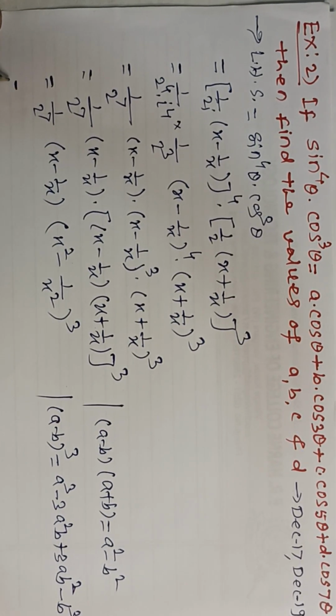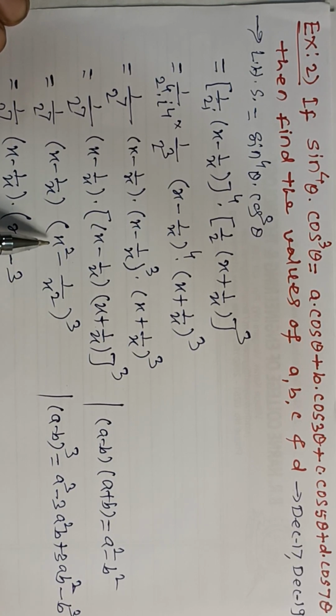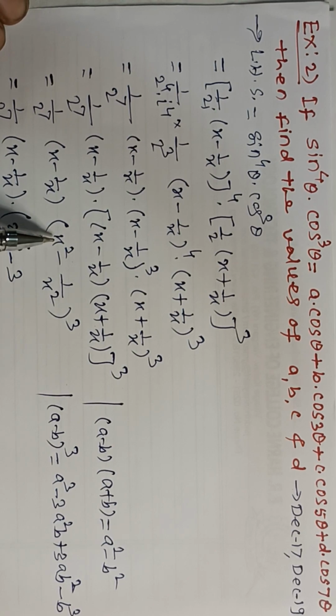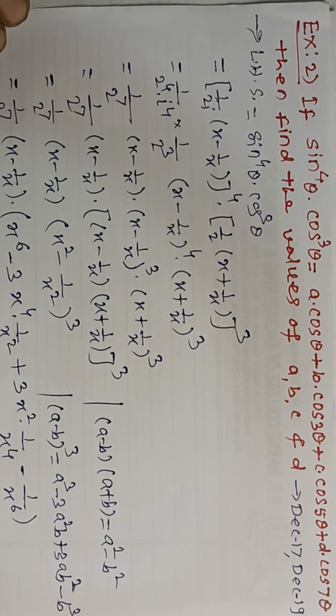So this is equal to 1 upon 2 to the power 7 (x minus 1 upon x) into x square cube, that is x to the power 6, minus 3 times x square squared, that is x to the power 4, into 1 upon x square, plus 3 times x square into 1 upon x to the power 4, then minus 1 upon x to the power 6.